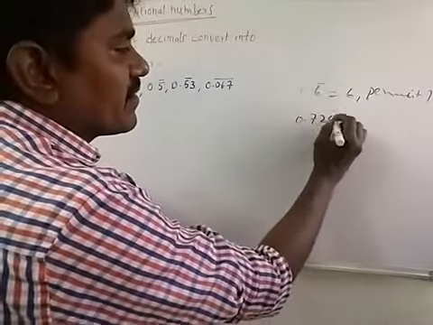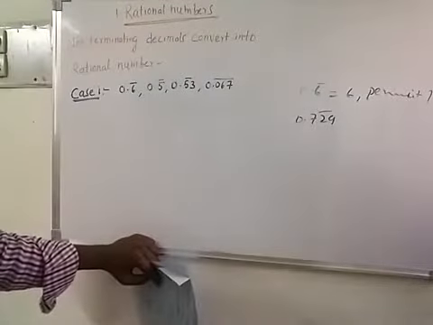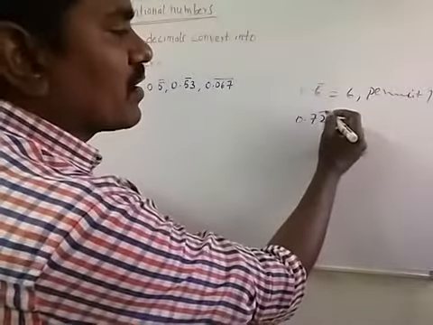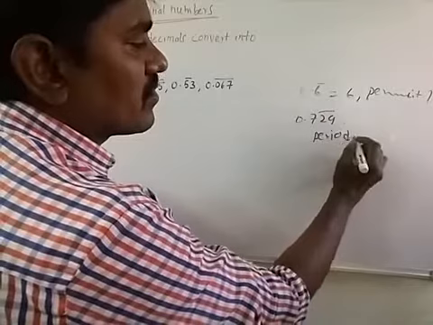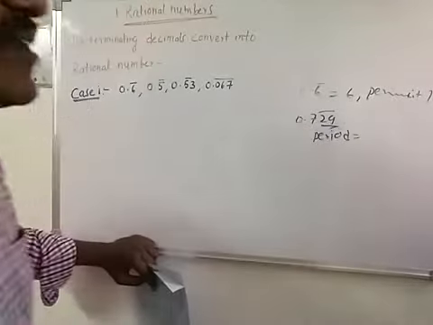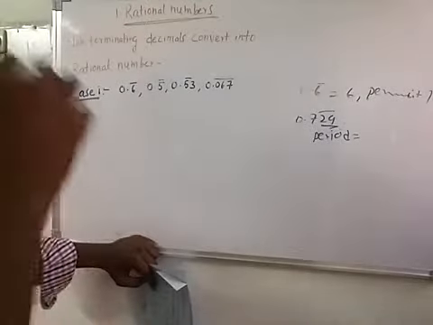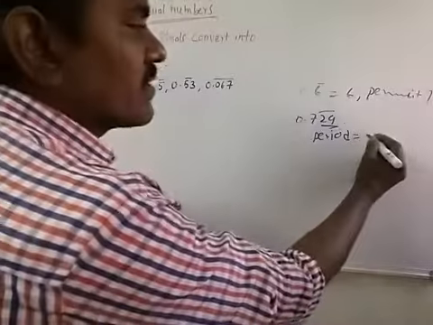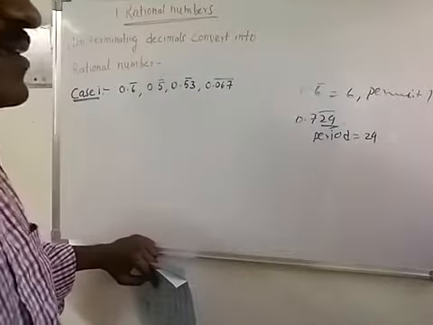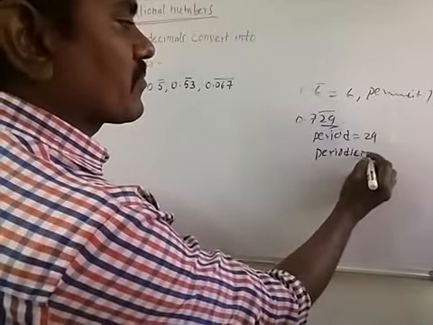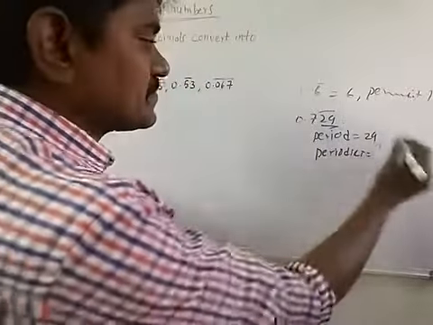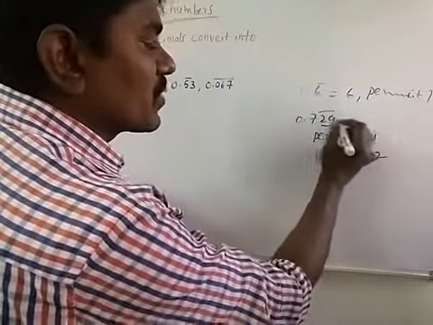What is the period of 0.729 bar? Period means which digits are repeated. It is 29, and periodicity means how many digits are repeated: 1, 2. It is 2.